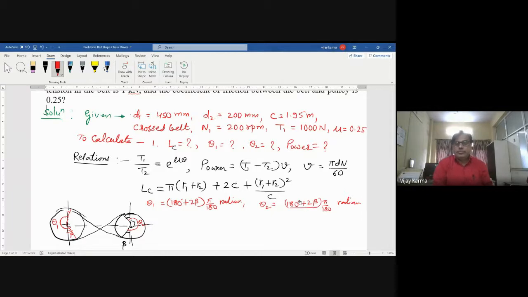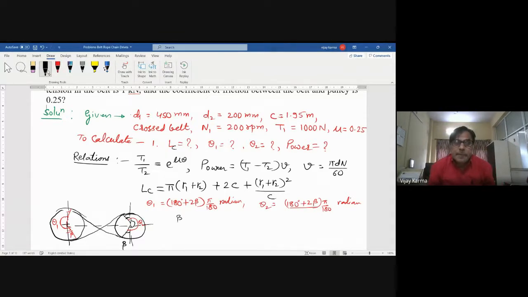Now, find out beta. Beta is given as sine inverse of (r1 plus r2) divided by the center distance. To calculate that. So what did we say?